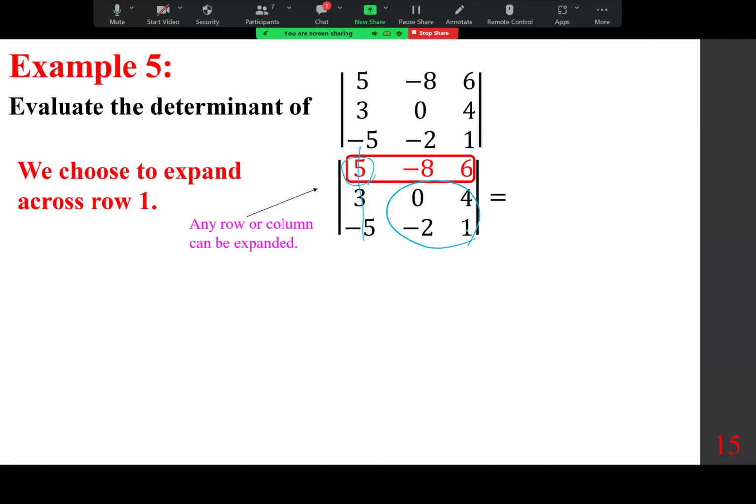Minus, because they're going to alternate.